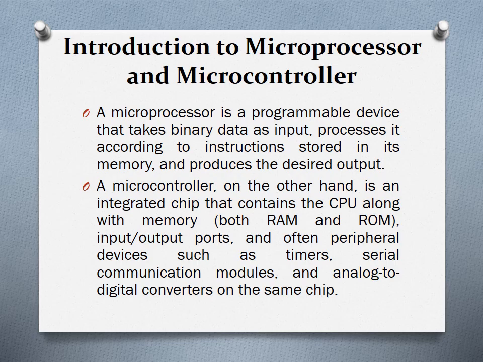And it will often have some peripheral devices internally. You may have timers, serial communication, modules for analog to digital conversion, a module for pulse width modulation, and input output ports where more devices can be connected. So all these will be inside a single chip.